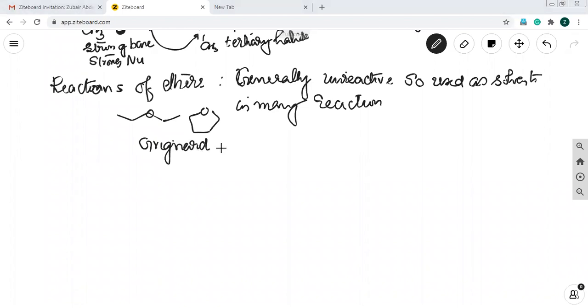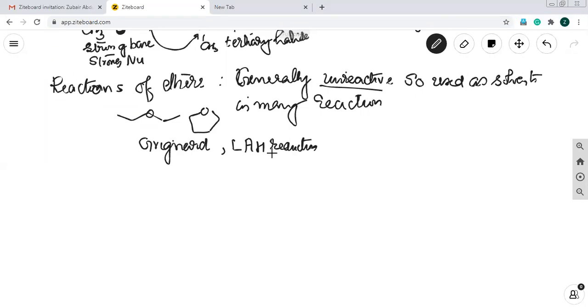Also, it is used in lithium aluminum hydride reduction reaction. Similarly, in many other reactions ethers are used as a solvent because they are inert material. They are chemically unreactive. But you can make them reactive under drastic condition.